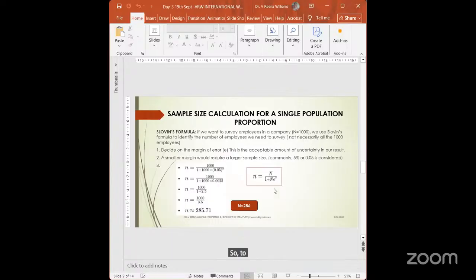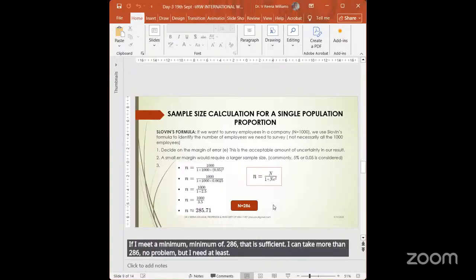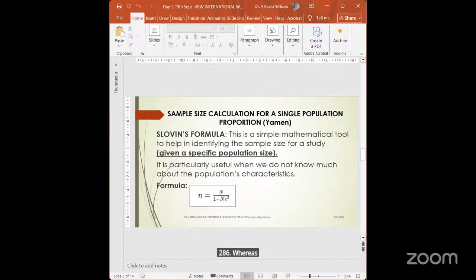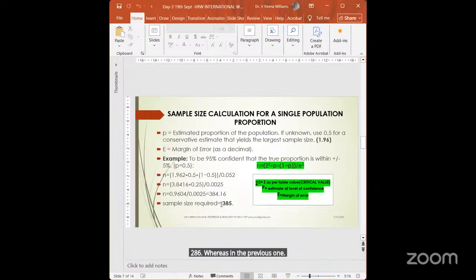So to collect the data from 1,000 employees, I don't have to go and meet all the 1,000. If I meet a minimum of 286, that is sufficient. I can take more than 286, no problem, but I need at least 286. Whereas in the previous one, I needed 385, minimum 385.